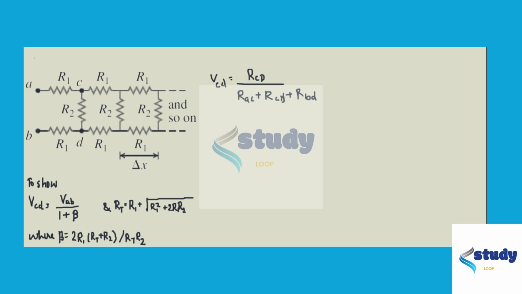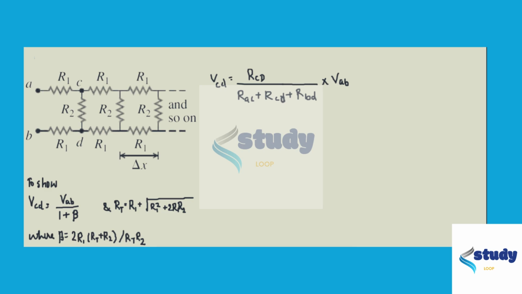Remember that as a small d. Since they are in series, the potential gets divided proportionally. So this much into the total voltage, that is VAB.